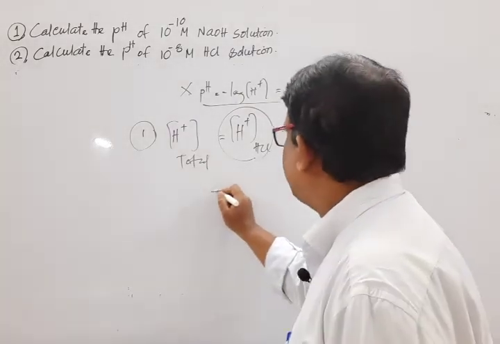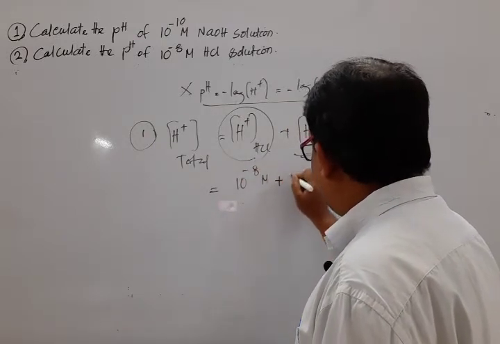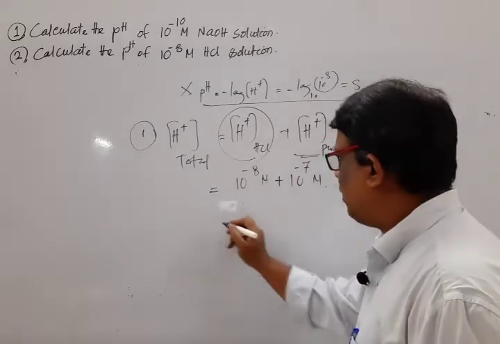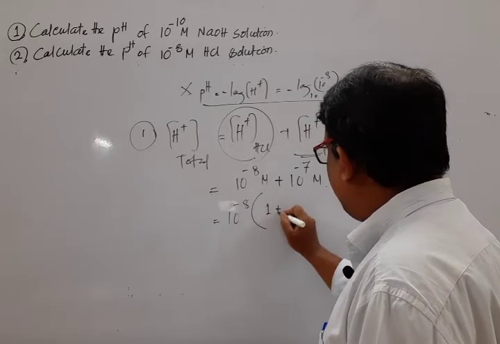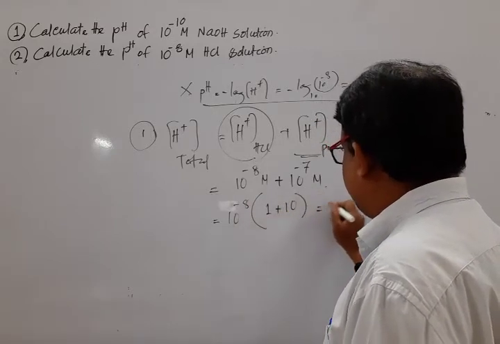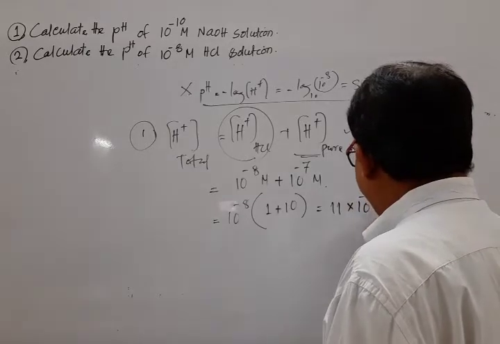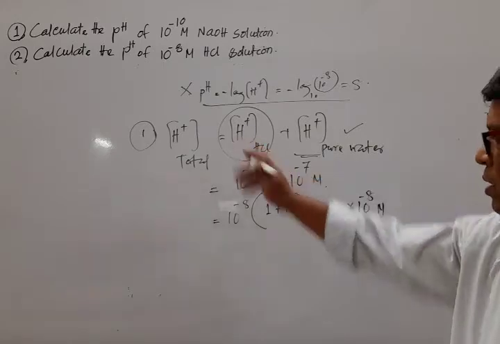Mark that, this is equal to 10 to the power minus 8 M plus, for neutral pure water, 10 to the power minus 7 M. Okay. By taking 10 to the power minus 8 common, it is 1 plus 10, equal to 11 into 10 to the power minus 8 M. It is the total H plus ion concentration.